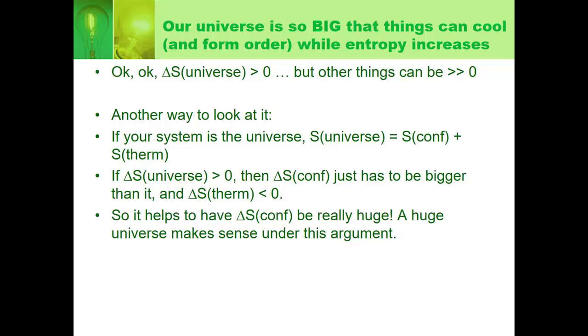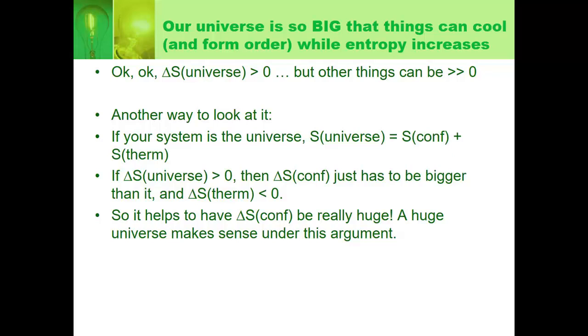So it turns out that if configurational entropy increases fast enough, that already increases the entropy of the universe. And in a sense, it can pay for the entropy of other parts of the universe to go down. It's actually like the system and surroundings again, except it's different kinds of entropy. So if your system is the universe, then you have this equation.